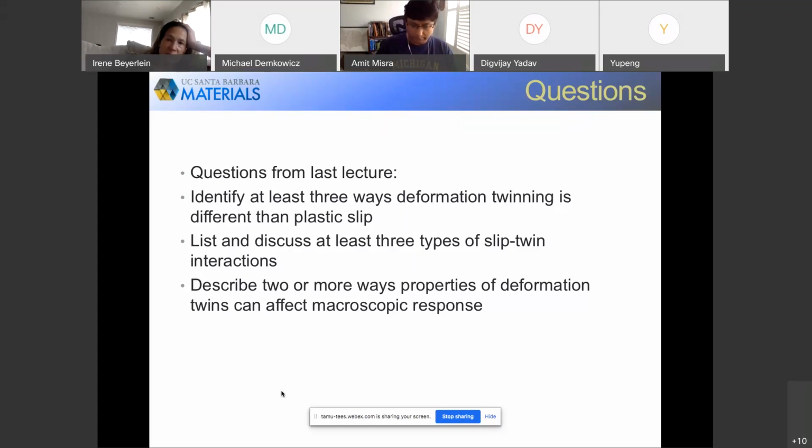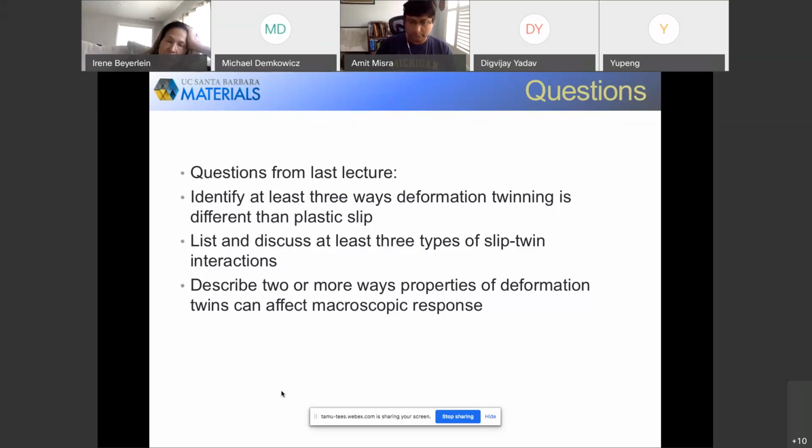So it is a stress-induced reaction that causes a shuffling motion within an embryo to create that twin embryo. And then beyond that, it's possible to have a sequential glide of twinning disconnections on adjacent planes.